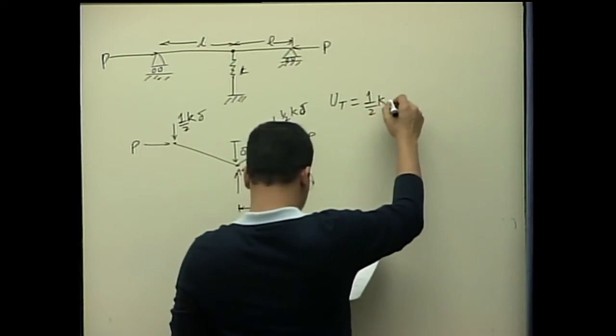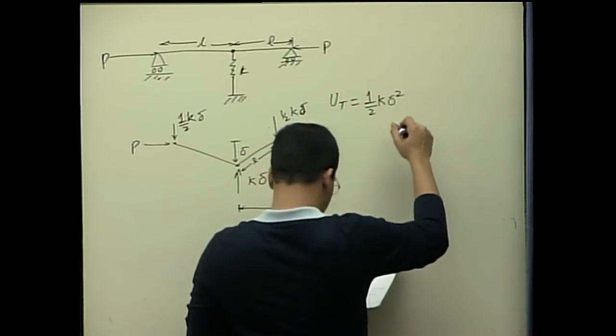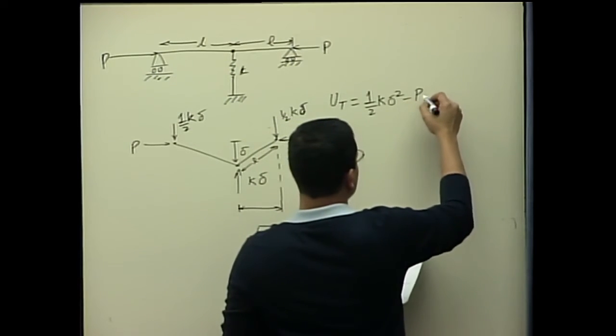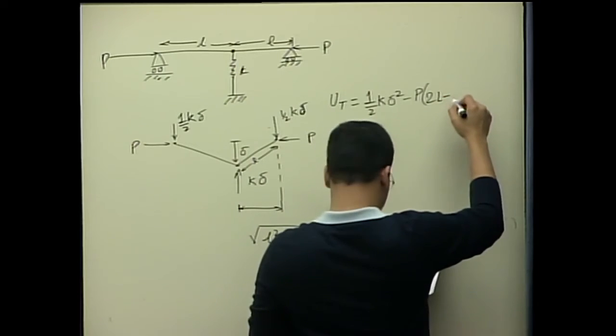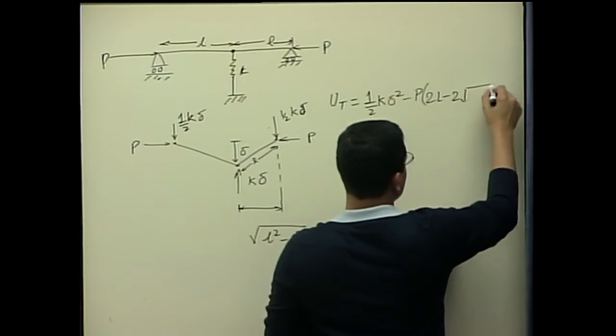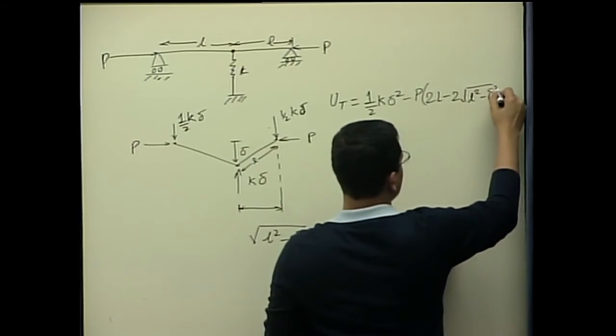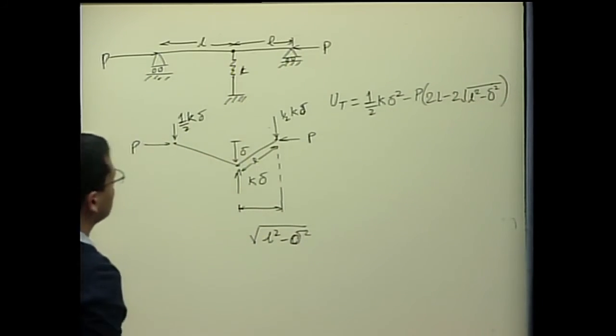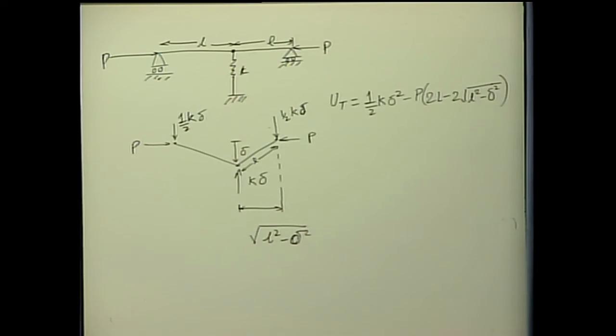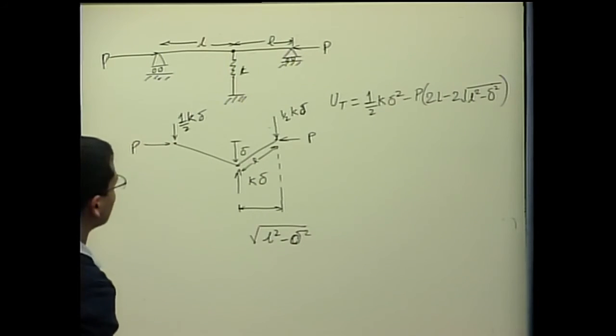It's half k delta square minus P times 2L minus 2 square root of L square minus delta square, so that becomes the total potential energy.